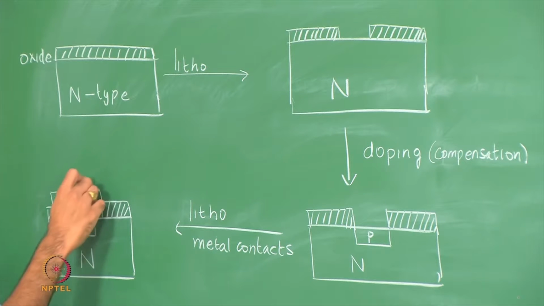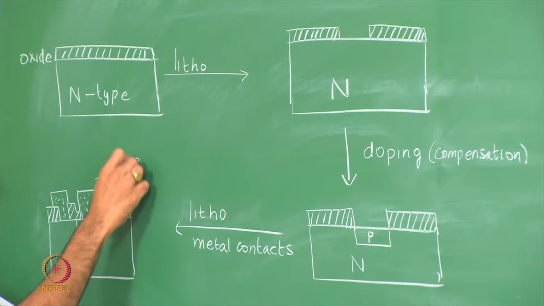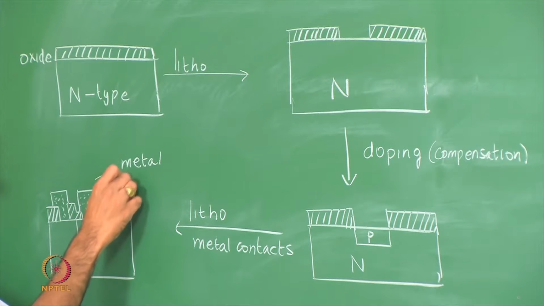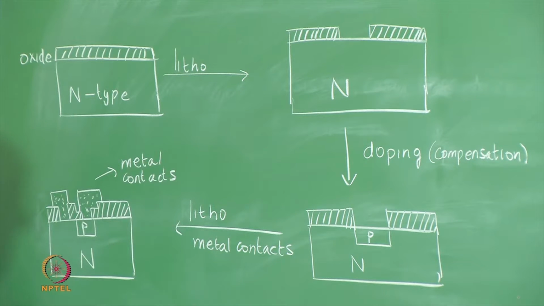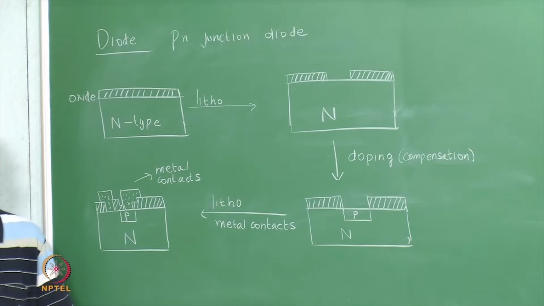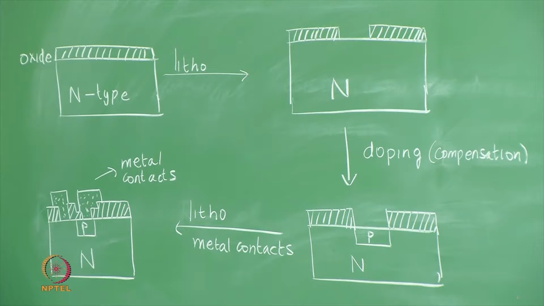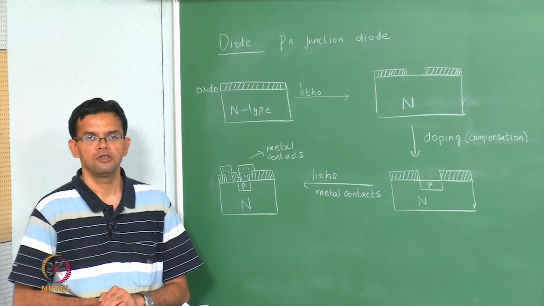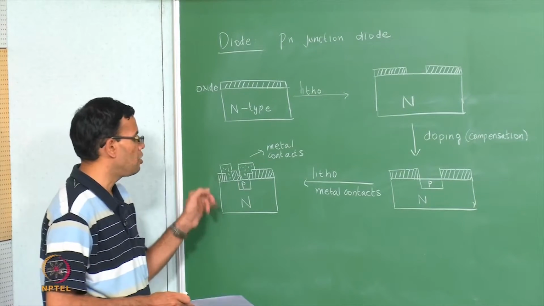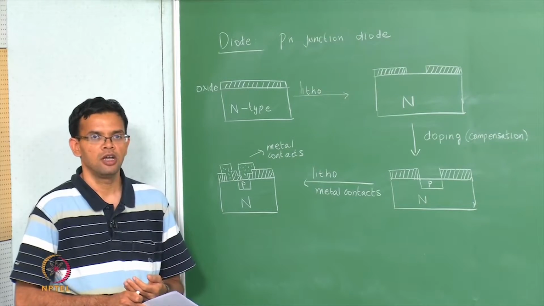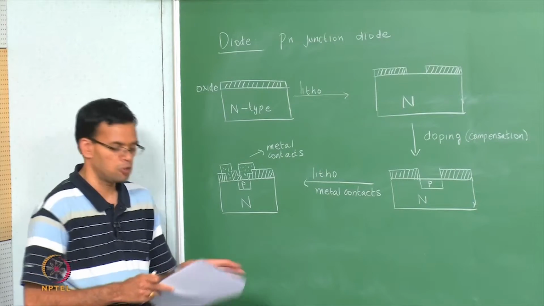And the dotted lines represent the metal contacts. So, this is a simple way of growing a typical PN junction which acts as a diode. You could also use a similar process to grow a metal and a semiconductor junction. So, this could be a Schottky junction typically. Typical metal contacts are ohmic junctions, but you could use the same process to grow Schottky diodes.